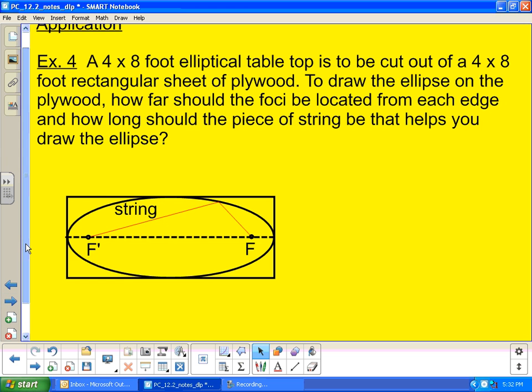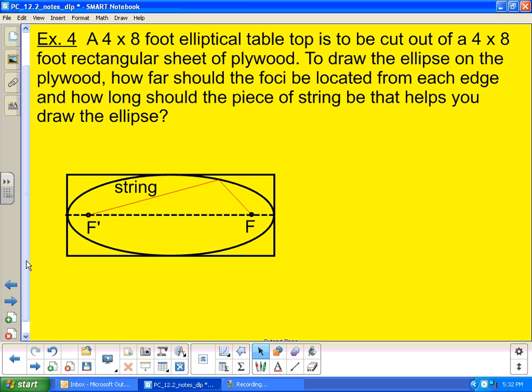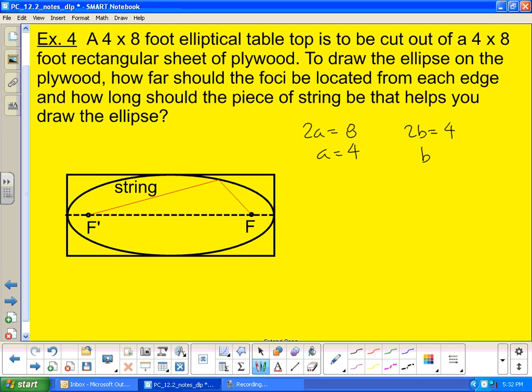All right, so we got a couple things here. We know that the total length of my major axis is 8, which means I've got an A value of 4. My minor axis has a total length of 4 feet, which means my B is going to be equal to 2.